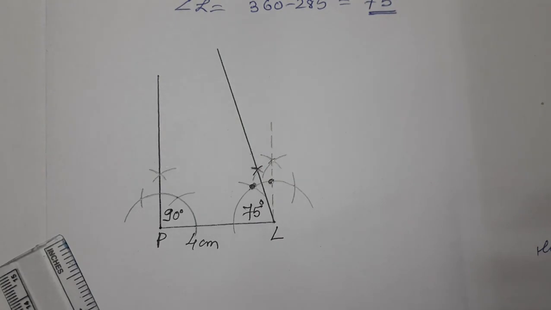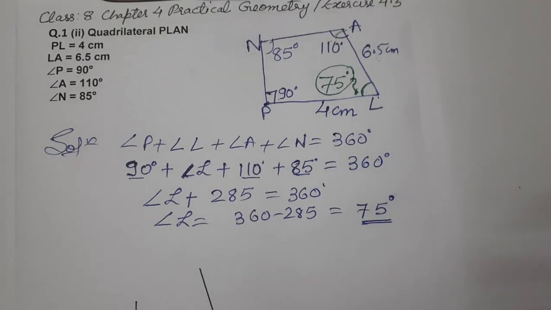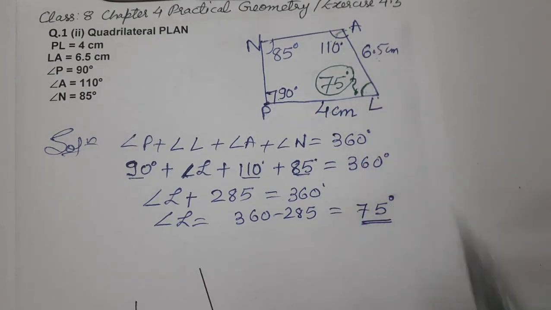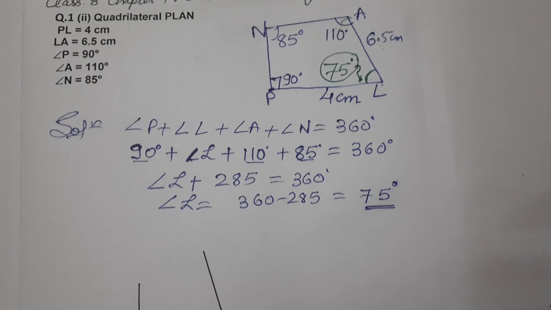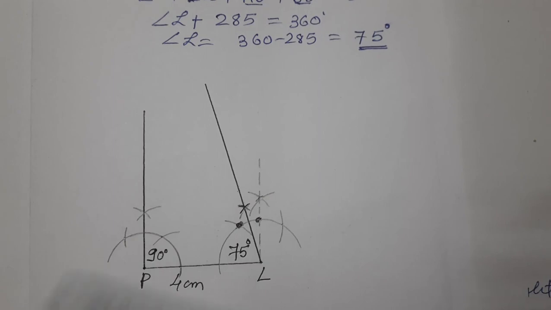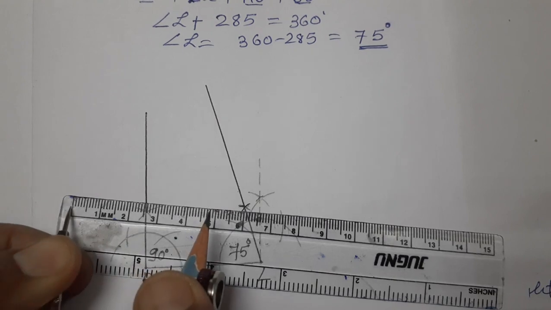Now our next step, see the rough diagram. What is our next step? LA. LA is 6.5 centimeter. So we will measure 6.5 and then cut the arc radius. Take ruler and measure 6.5.